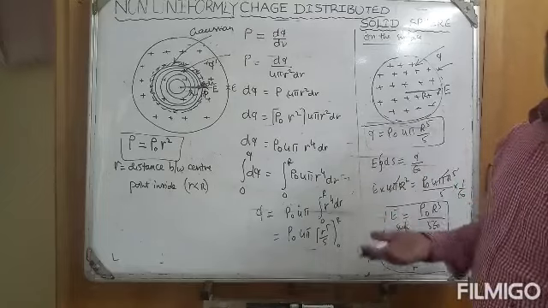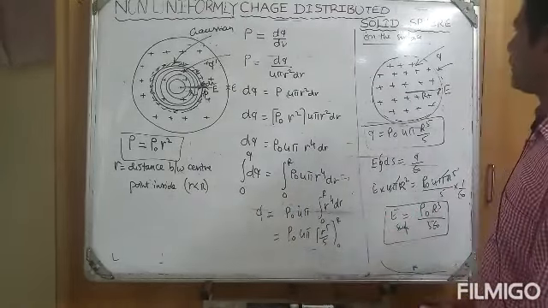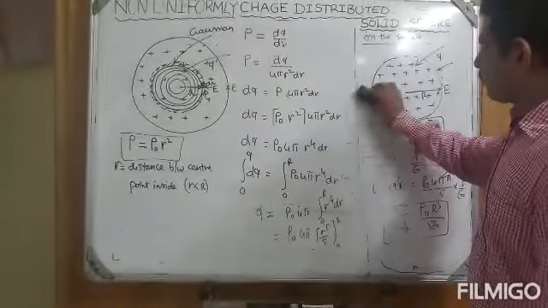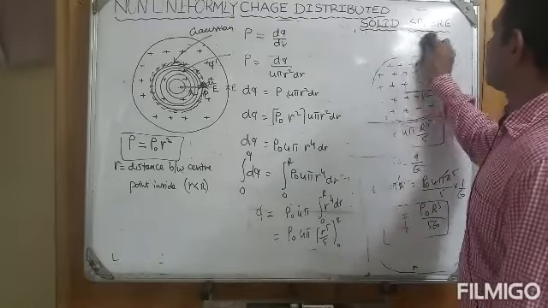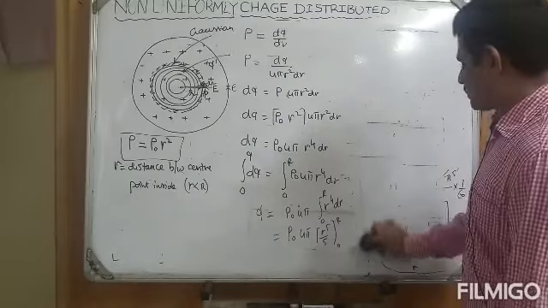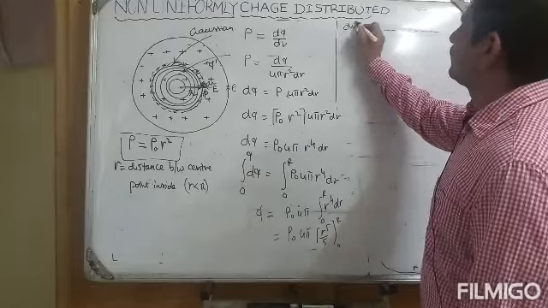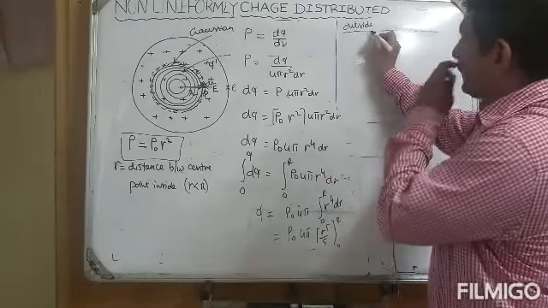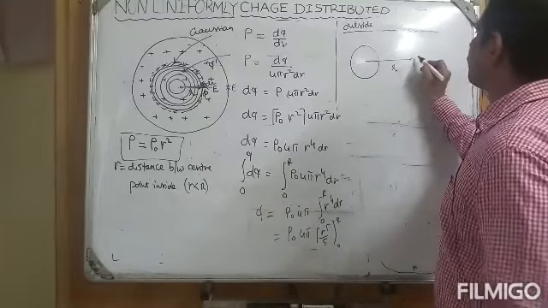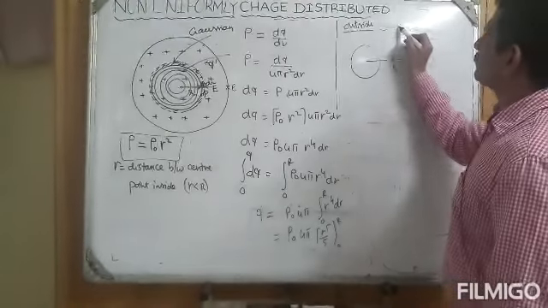Suppose it is outside, then what? If you want to find the electric field intensity outside the point, how to do that? First of all, what is the charge inside?